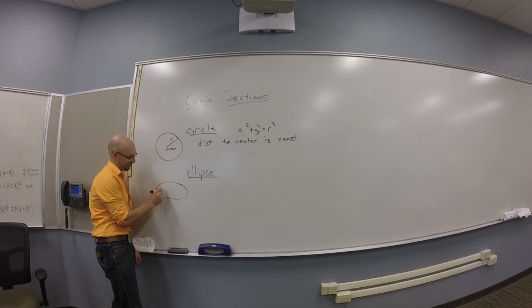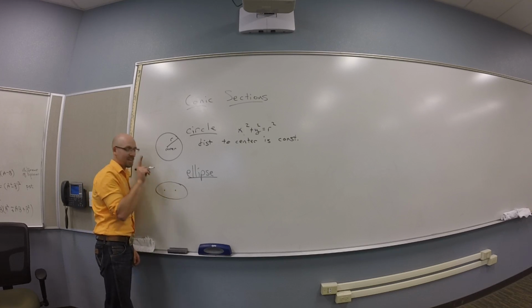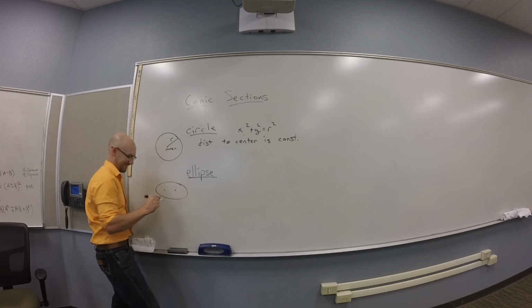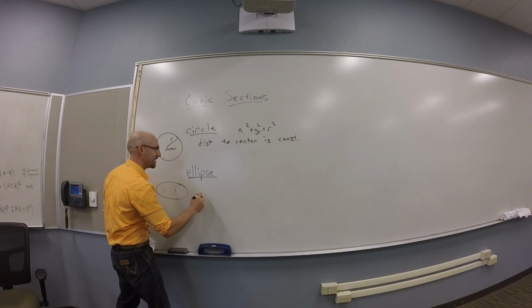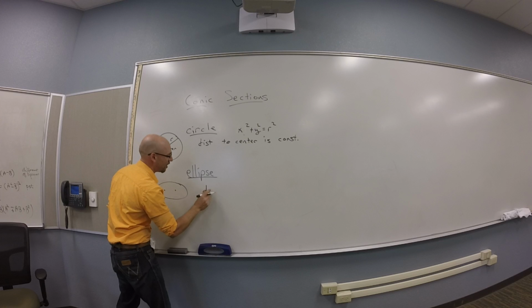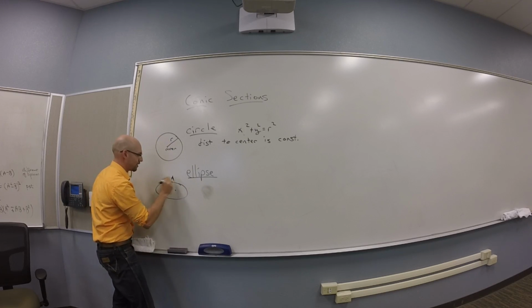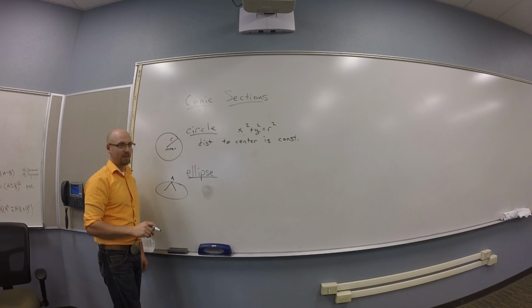I'll go look. An ellipse has two foci. Careful with the guns; they're stabby. So the way you characterize a point on an ellipse is that the sum of the distances to the foci is constant. You guys see that?